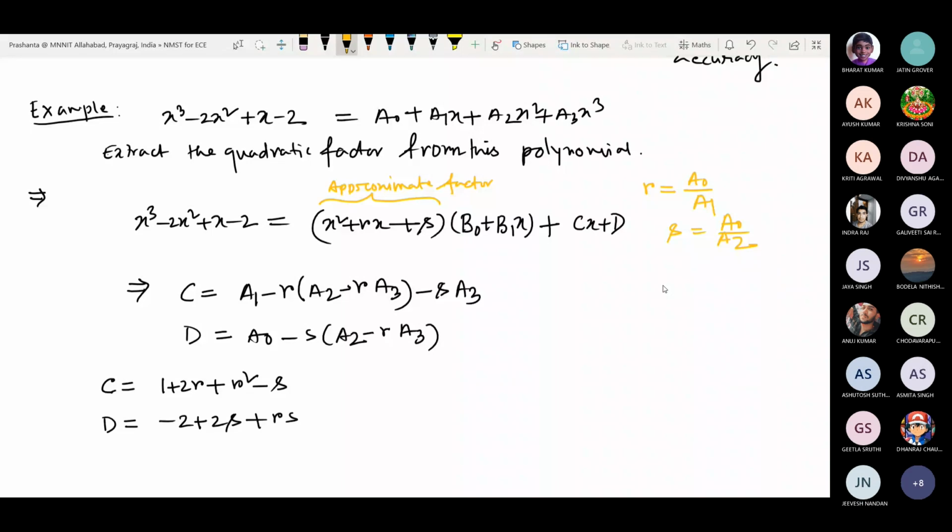So what is r here in this problem? a0 by a1, so 1 by minus 2, so minus 0.5. Okay. A0 by a1, no? A0 is minus 2. Let me see.